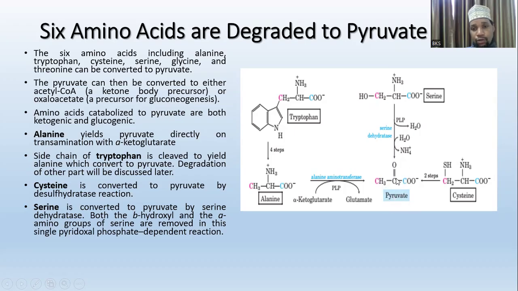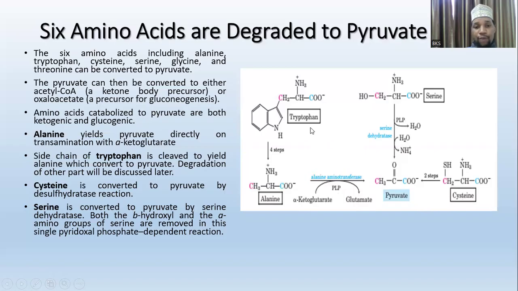Another reaction we have also seen while talking about non-oxidative deamination is the reaction of amino acid dehydratase, specifically serine dehydratase, where serine undergoes a dehydration reaction to release water, and simultaneously the amino group is removed, which is the deamination reaction, to form pyruvate. So basically from this, we can see that serine is completely converted to pyruvate, cysteine completely to pyruvate, alanine completely to pyruvate.